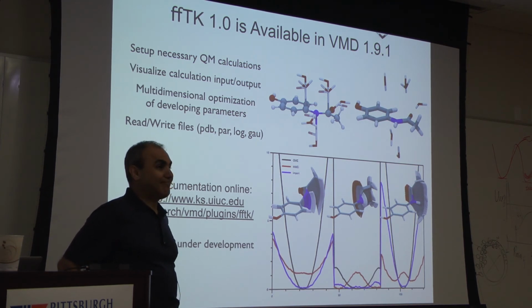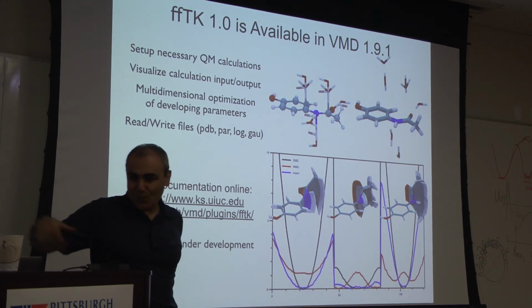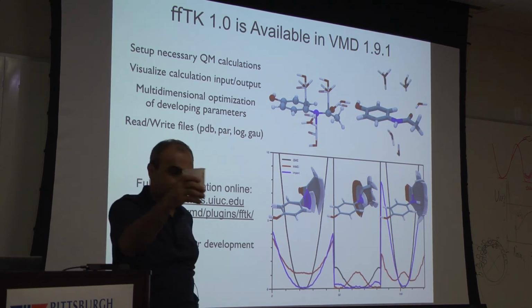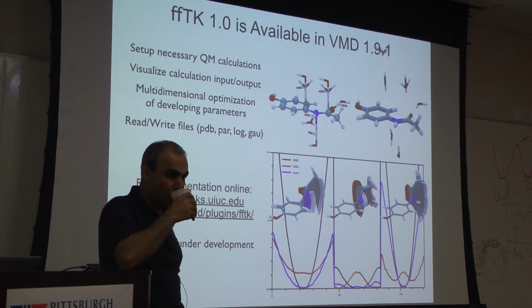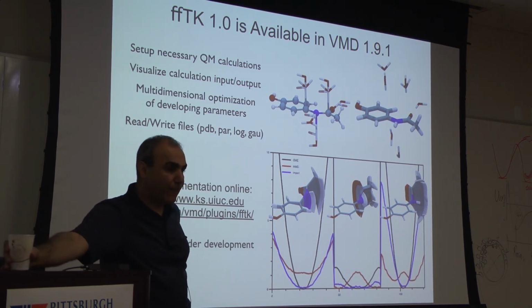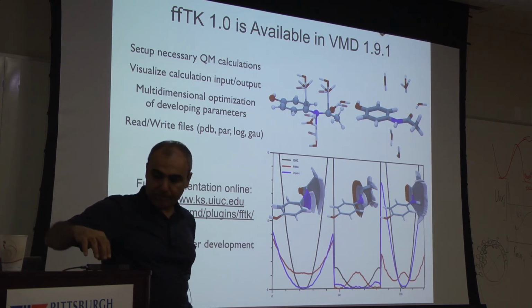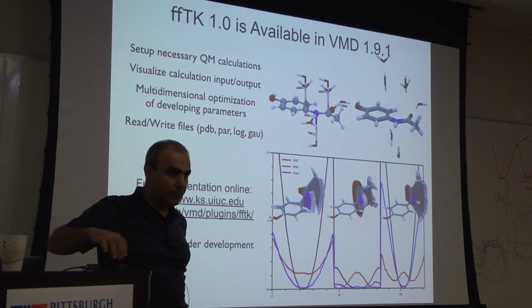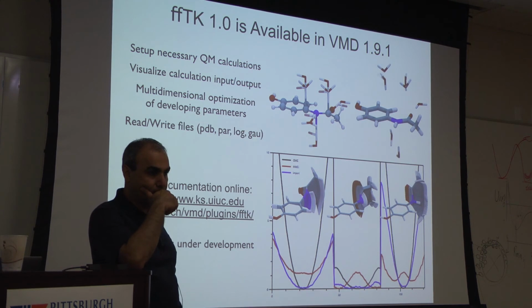Yes? So the force field toolkit, we cannot use it with Amber, but when we are writing the parameters file from scratch for Amber, the charges will be different, and obviously we wouldn't be comparing it to water molecules.